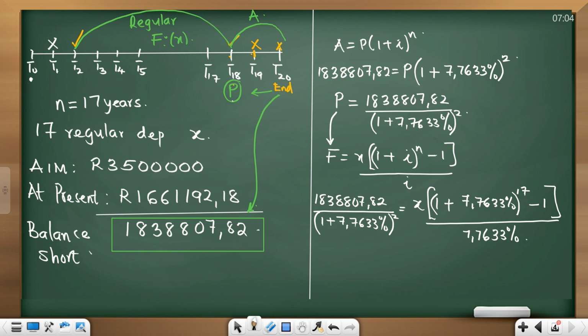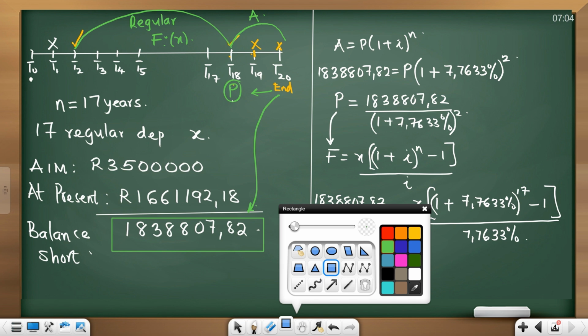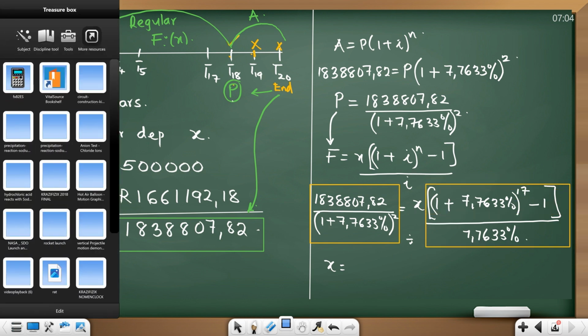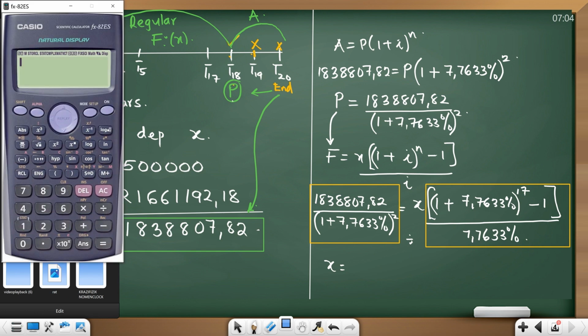Remember, it's over 1 because it's yearly. So what is my X? If you remember what we said, this value divided by this value would give you your final answer. So let's get a calculator and we are done with this. So what would I say? The value on the left, 1838807.82, okay, divided. But remember, I could have gotten an answer for that, but I just want you to actually work it out.